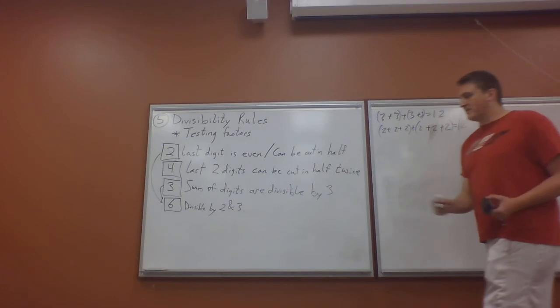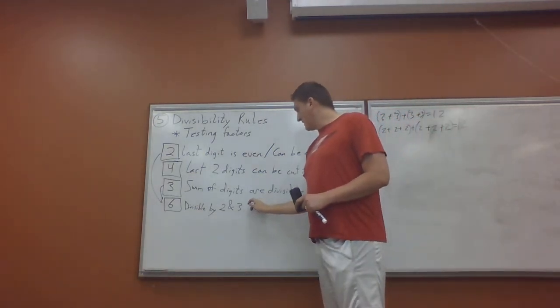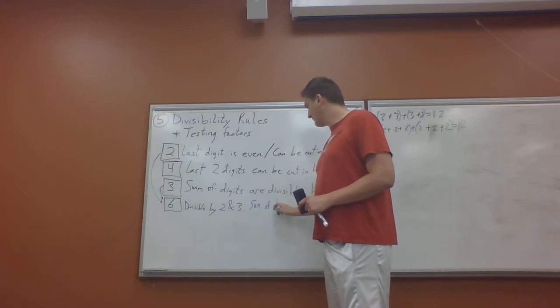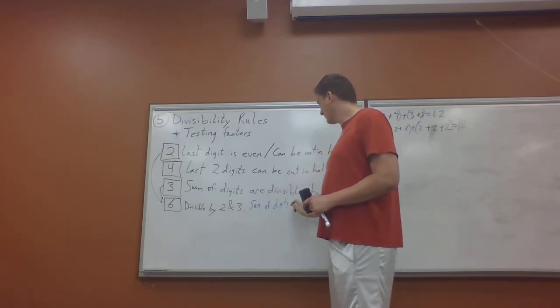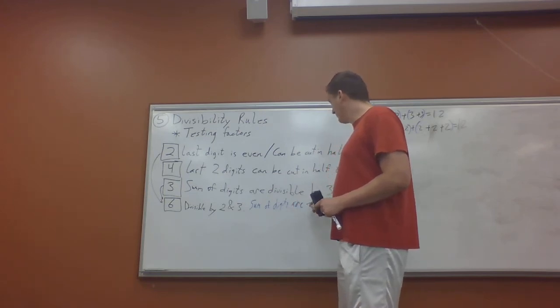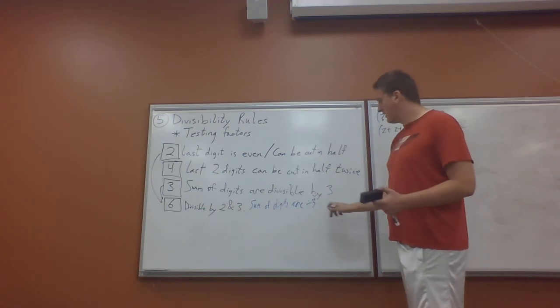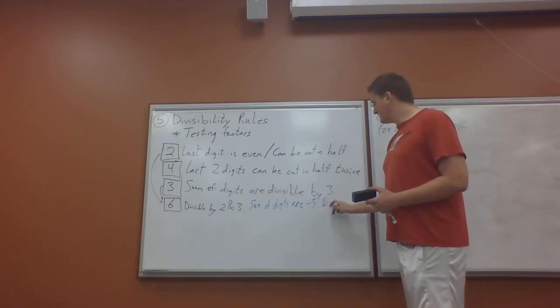So another way to think about it is that the sum of the digits are divisible by 3. I'm going to put the divided sign for divisible by 3 for now to save room. And it's even.